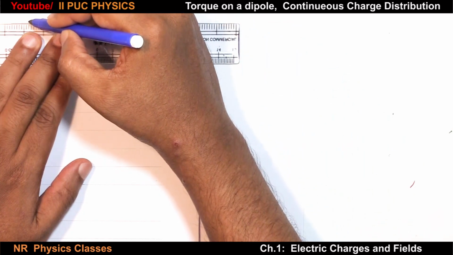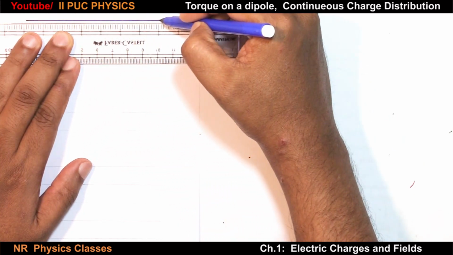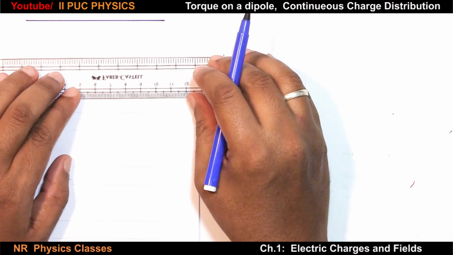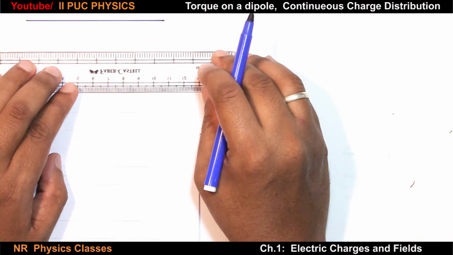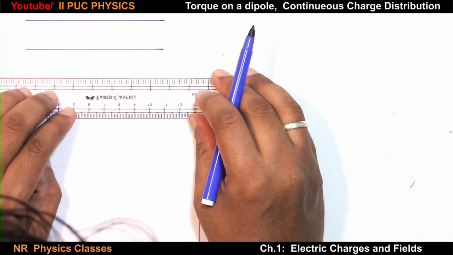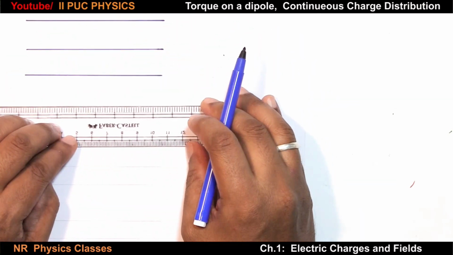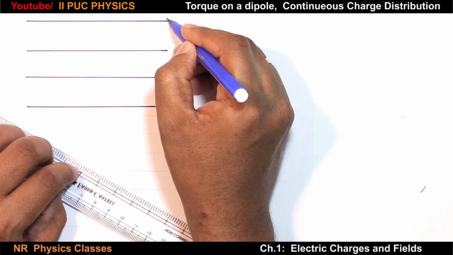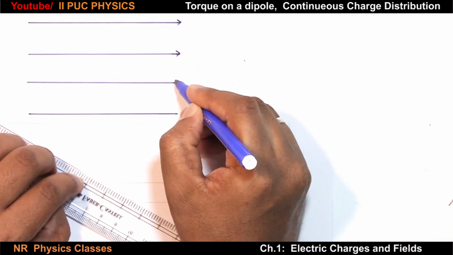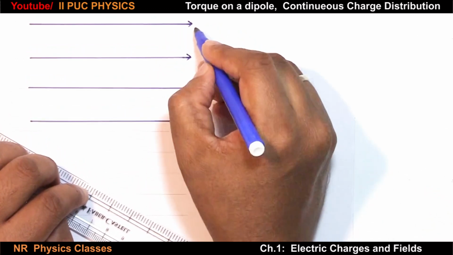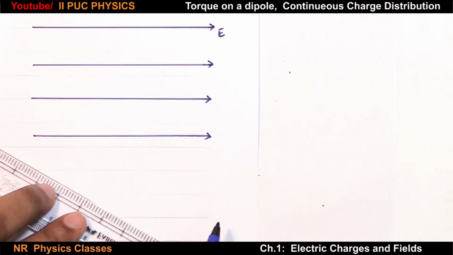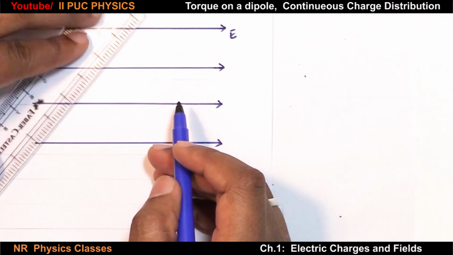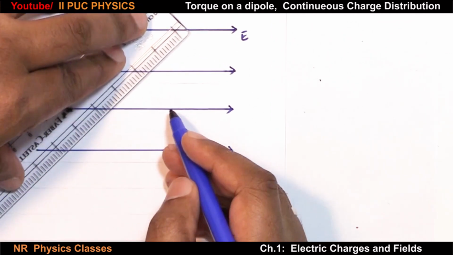A uniform electric field is represented by equidistant parallel lines. This represents the uniform electric field E. Let this be a dipole.